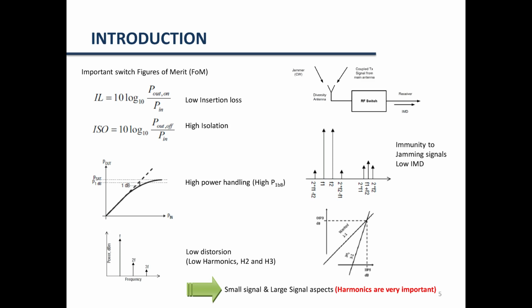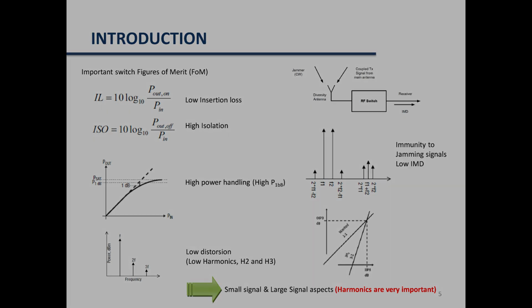So it's important to have high immunity to jamming signals and therefore low IMD in the switch. So as you can see, the important figures of merit for RF switches are related to small signal but also large signal aspects. This is why harmonics are very important.